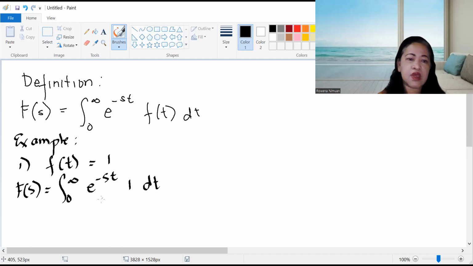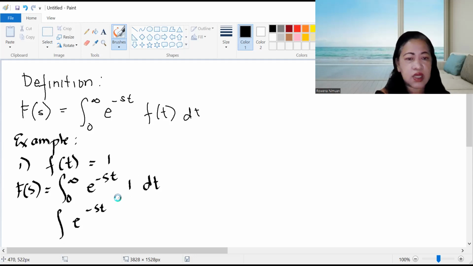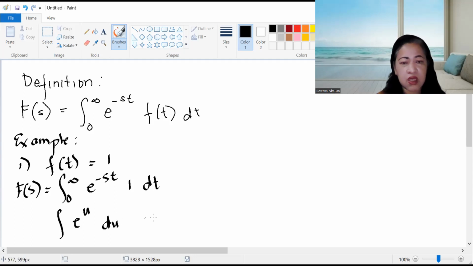In integration, if I have the integral of e to the u, du, to compare that with our equation, you have to choose your u.